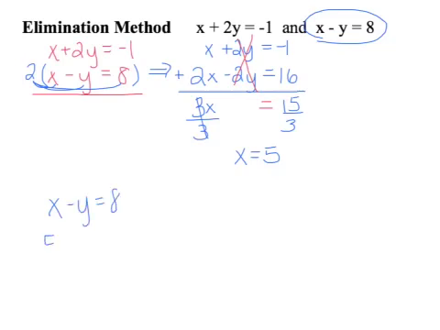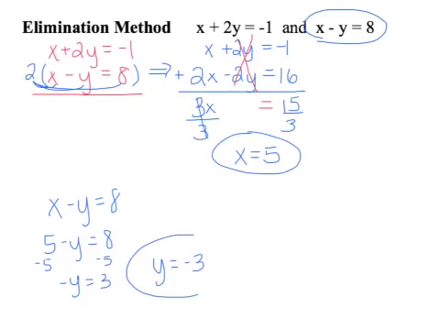And now I'm going to put 5 minus y equals 8 because x is really 5. Subtract 5 over. Negative y equals 3, which means positive y equals negative 3. And I now have my intersection point on those two lines. So those lines will intersect at the point 5, negative 3.